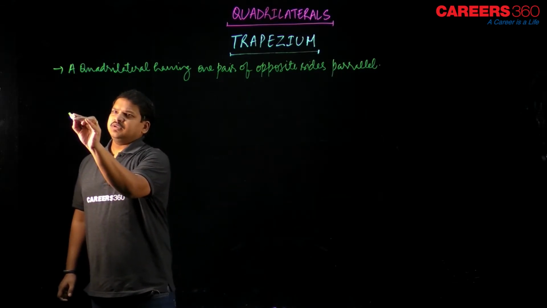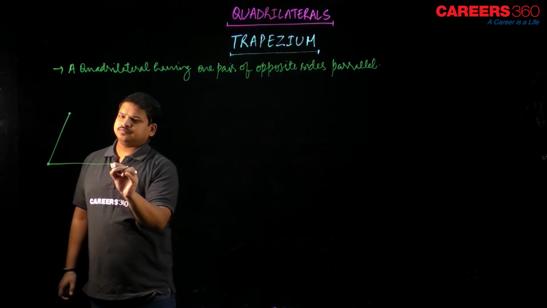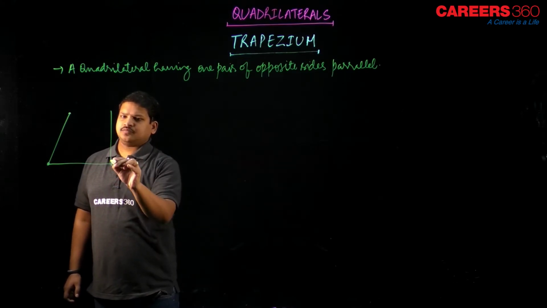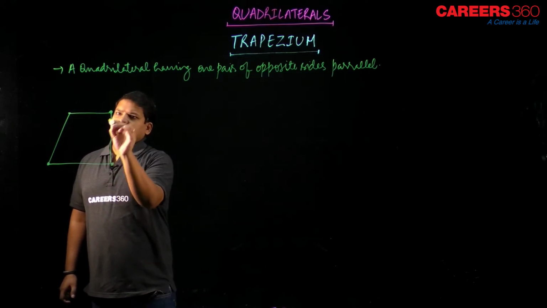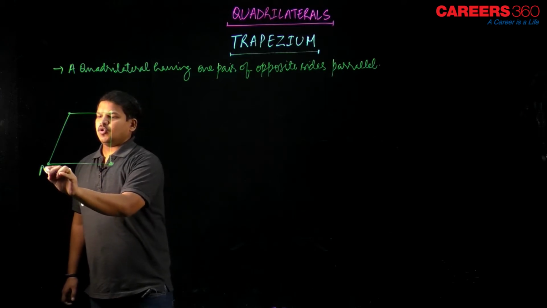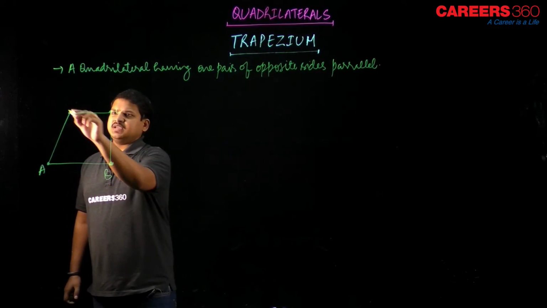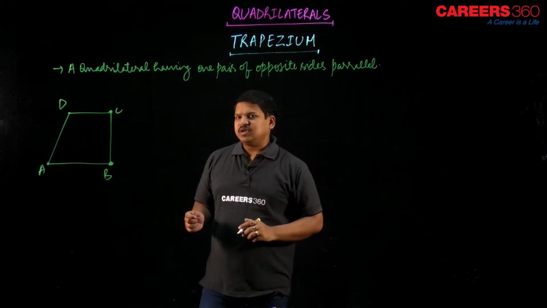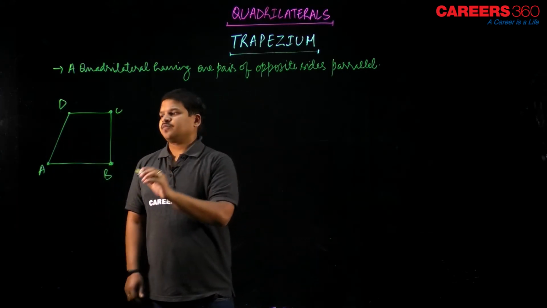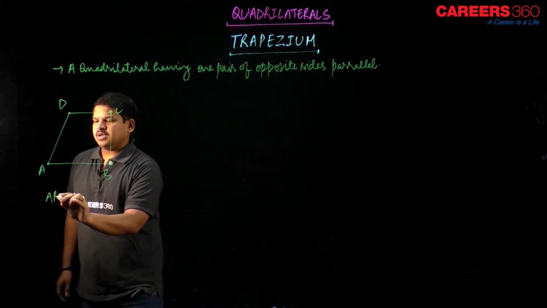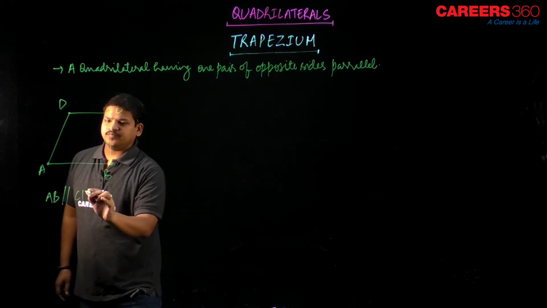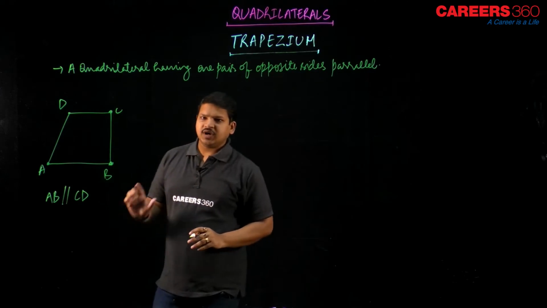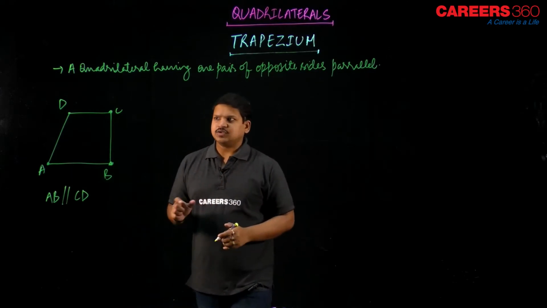So for example, this could be a quadrilateral ABCD. This is a quadrilateral. As you can see over here, AB is parallel to CD. I hope it is completely making sense to you.